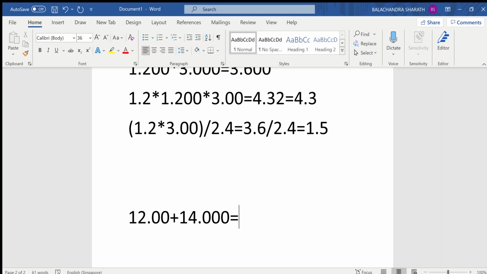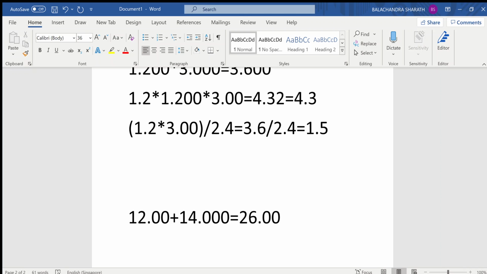Only the decimal points affect our answers in addition and subtraction. So 12.00 has two decimal points and 14.000 has three decimal points. So I have to take the lowest decimal points. So 12.00 has only two decimal points, so I have to express my answer in two decimal points.